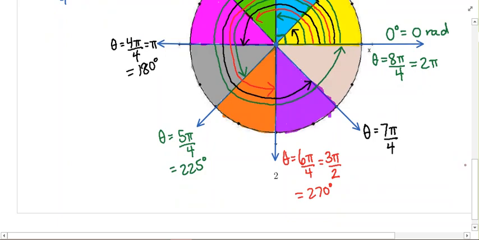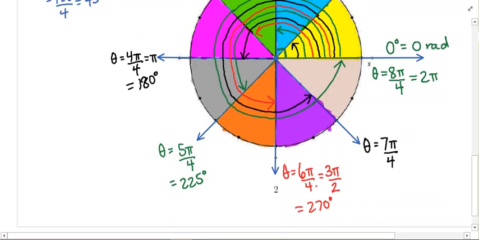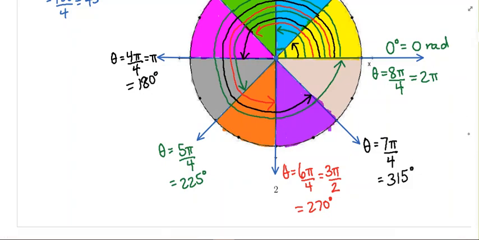All right, a couple more. To move on from 270 degrees over to this next angle, we need to add another 45 degrees. So 270 degrees plus 45 degrees gives us 315 degrees. And then lastly, we have reached the full circle, which is 2 pi radians.